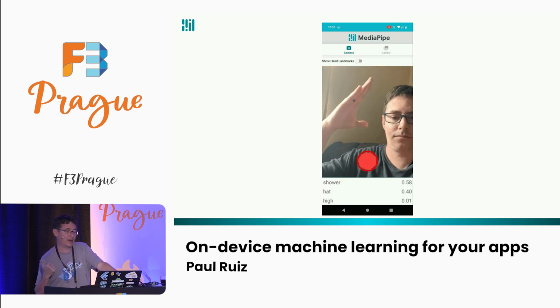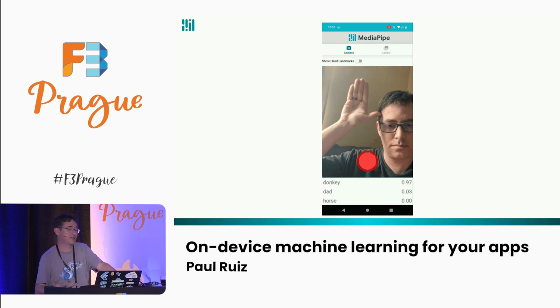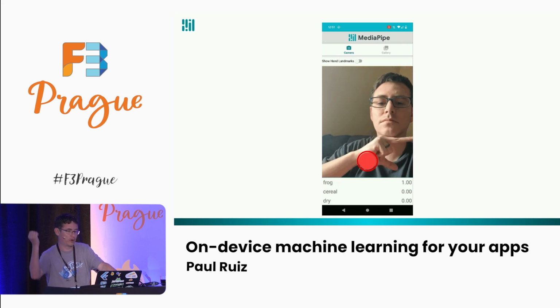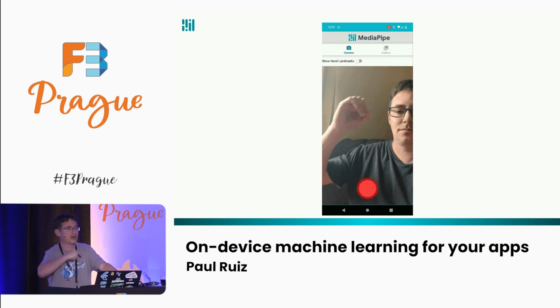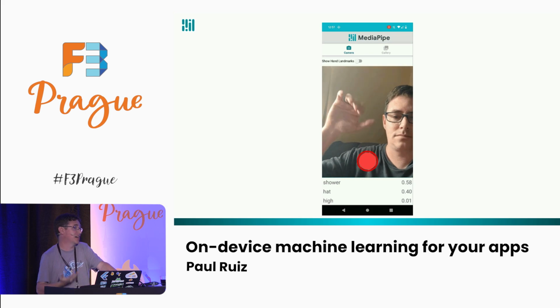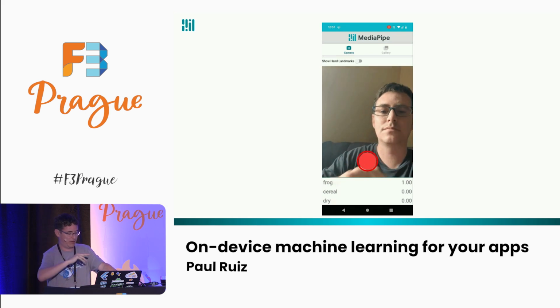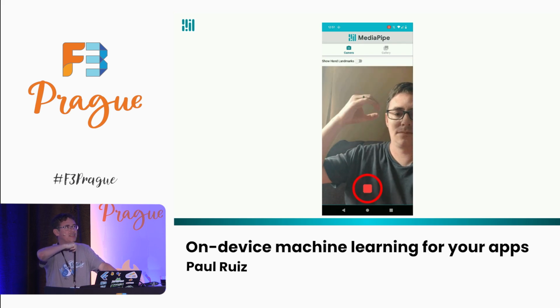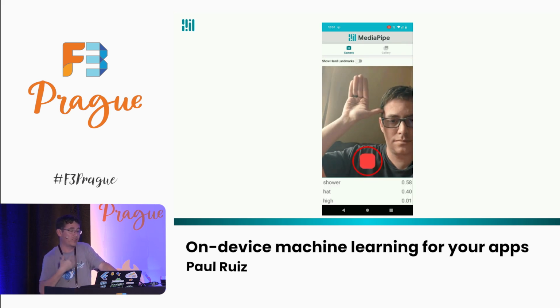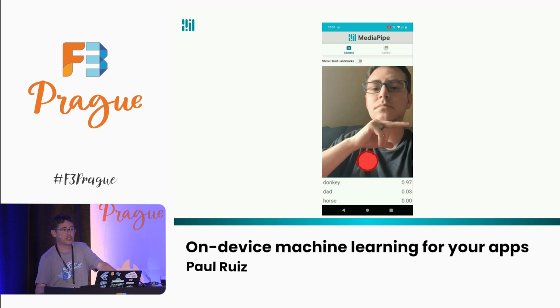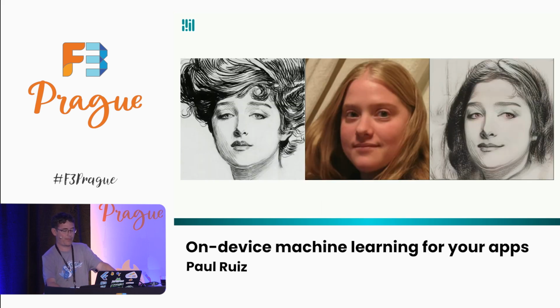So in this example, you can see that I'm able to detect myself doing American Sign Language for shower, donkey, and frog. But because of the accuracy of it, you can also detect things that are similar, like cow instead of donkey, and then is it like frog instead of pig? So even though they're similar, it's able to detect the differences based off of the accuracy of the landmarks.